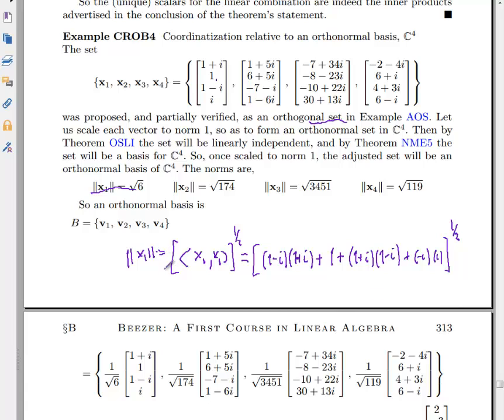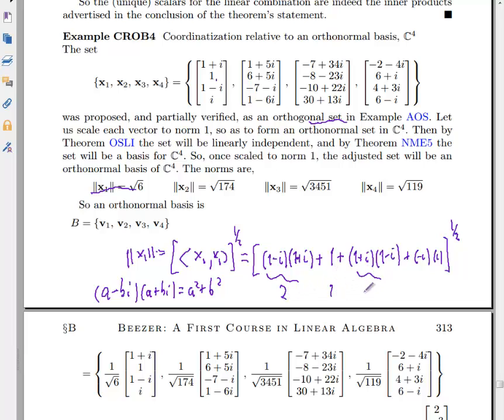Okay, so if I do this, I'm going to use this formula that a minus bi times a plus bi is equal to a squared plus b squared. Very handy formula. All right, so here my a is 1, my b is 1, so this is going to give me 1 squared plus 1 squared, which is 2. This is going to give me 1.